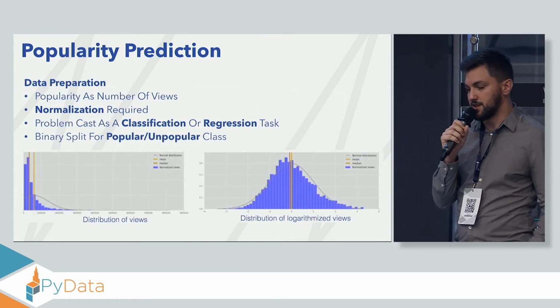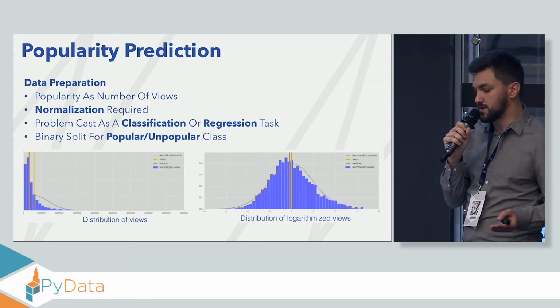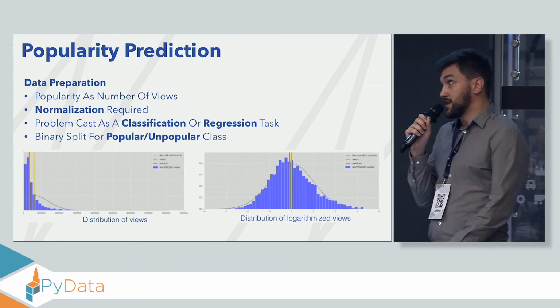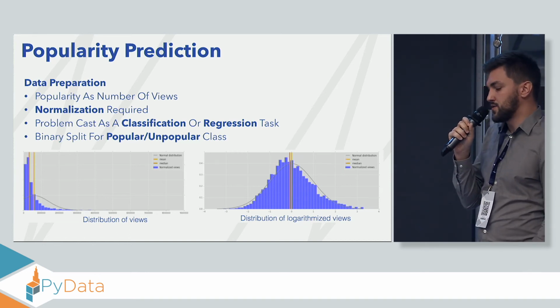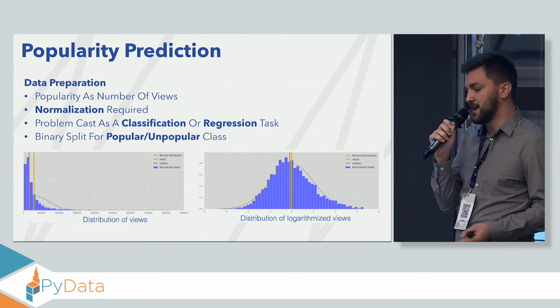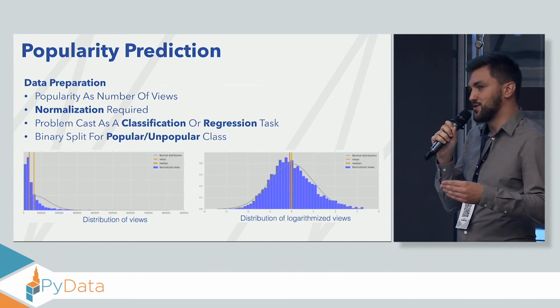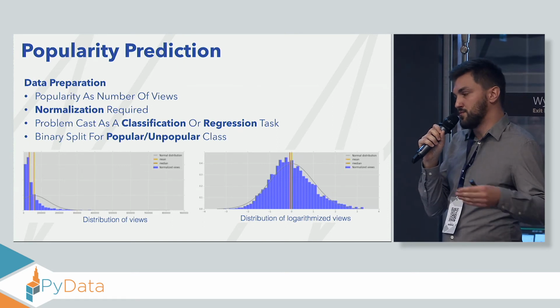So we need to prepare the data. We determine if the video is popular by using the number of views. We need to normalize this data because, of course, different videos are posted on different pages that have different numbers of likes. So there is an advantage for videos that were posted on popular fan pages.